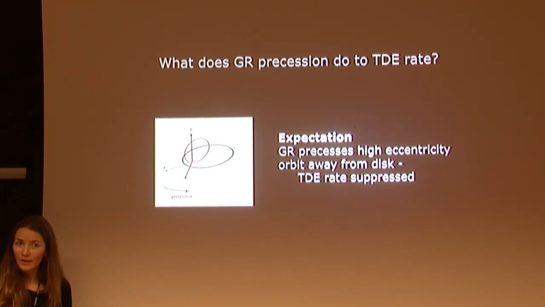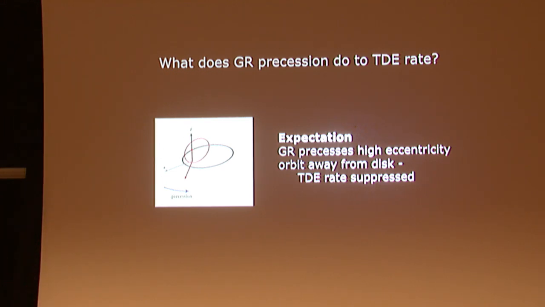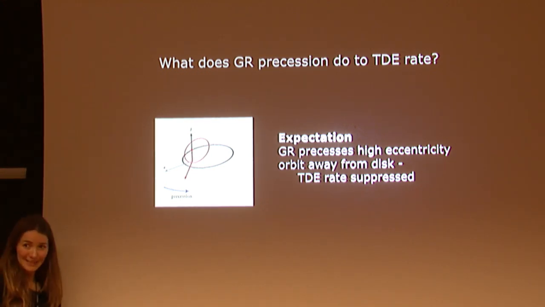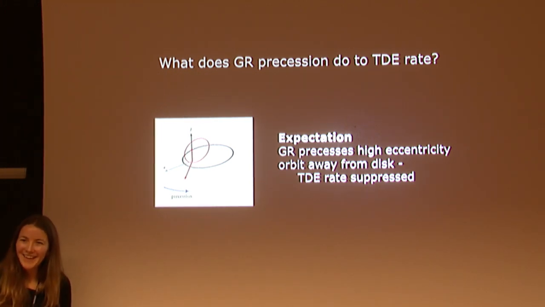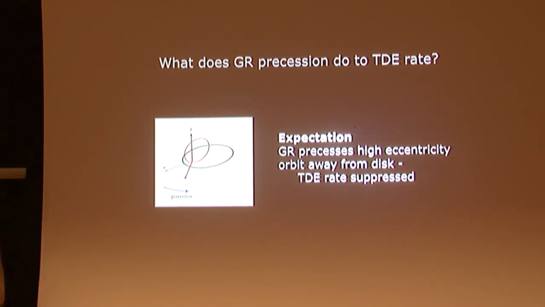So I have a graduate student who over the summer looked at general relativistic precession, and her first answer was that comparing Newtonian simulations and general relativistic simulations, there's no difference in the event rate. And I was like, okay, well, it's your first project. Try again. Tell me it's reduced. Now it's only a factor of like 10% or something like that. But she was correct.